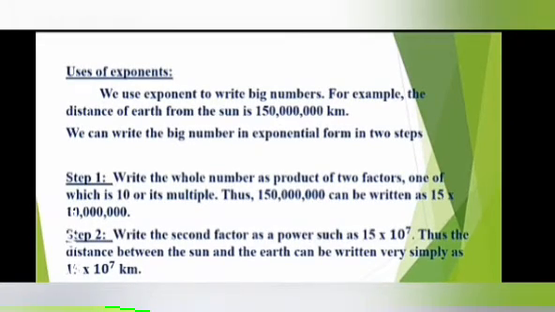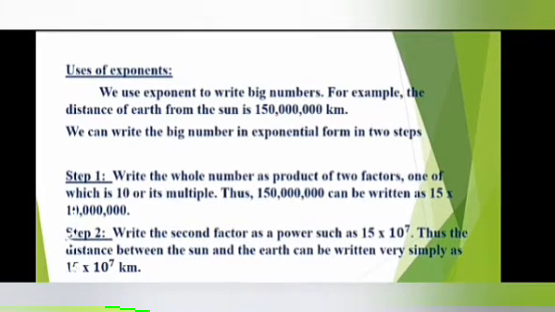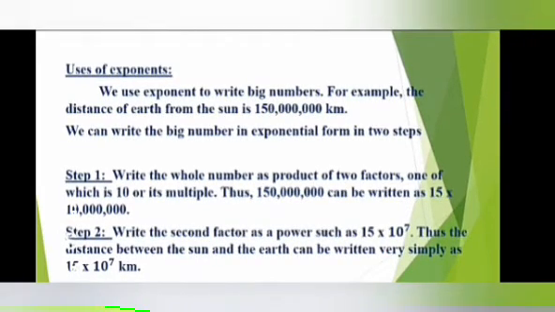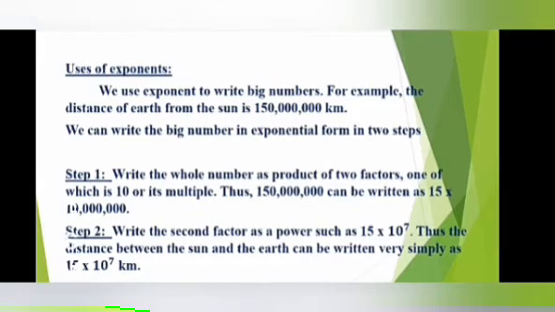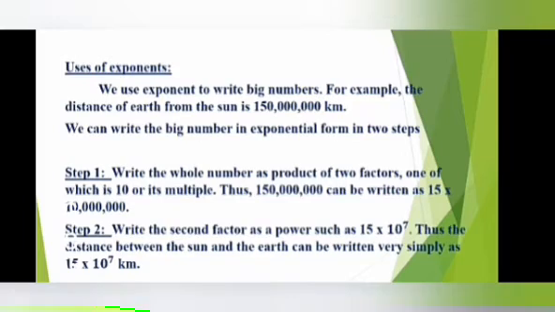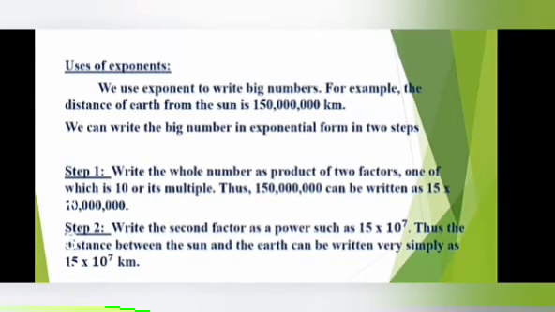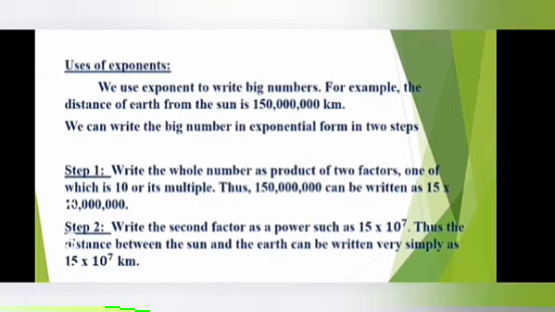Uses of exponents. We use exponents to write big numbers. For example, the distance of Earth from the Sun is 15 million kilometers. We can write the big number in exponential form in 2 steps. Step 1: write the whole number as a product of 2 factors, one of which is 10 or its multiple.